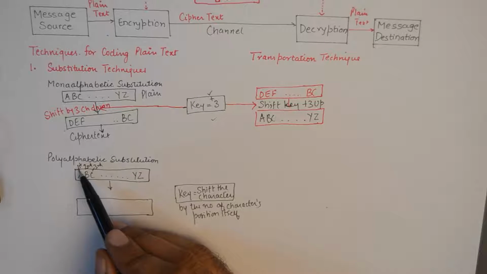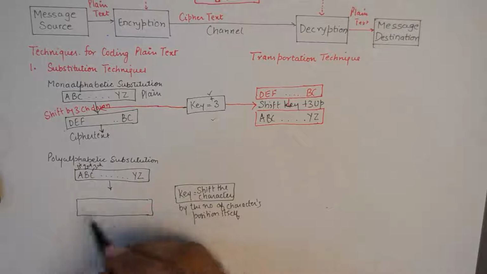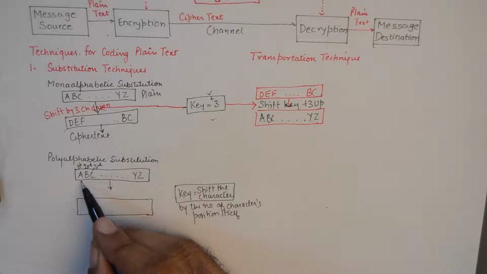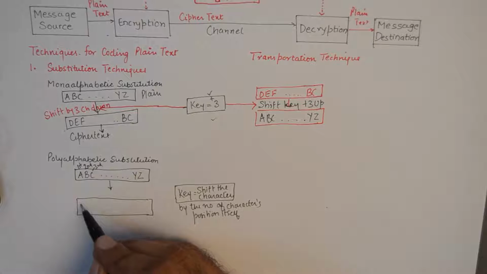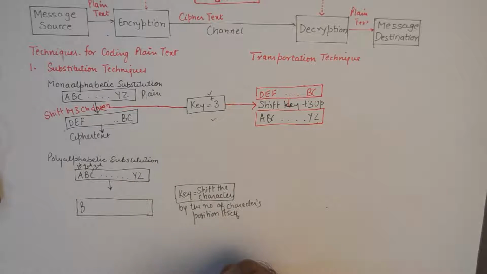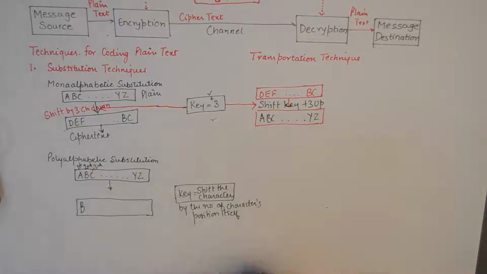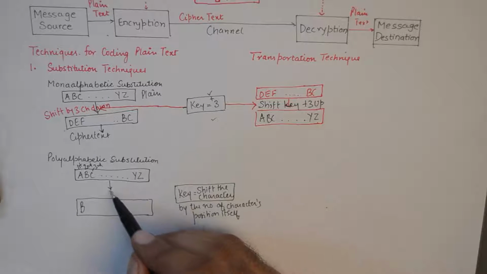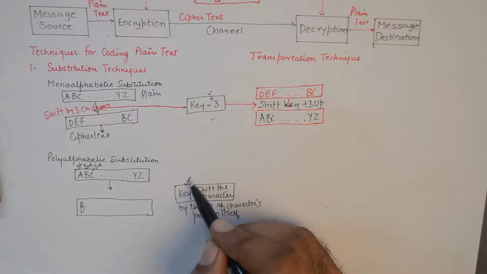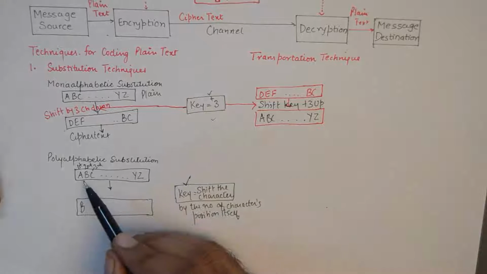A is at the first position, so we'll shift A by 1 character. While transmitting A, we'll send a B. The substitution of A will be B, and the deciding parameter is this key.